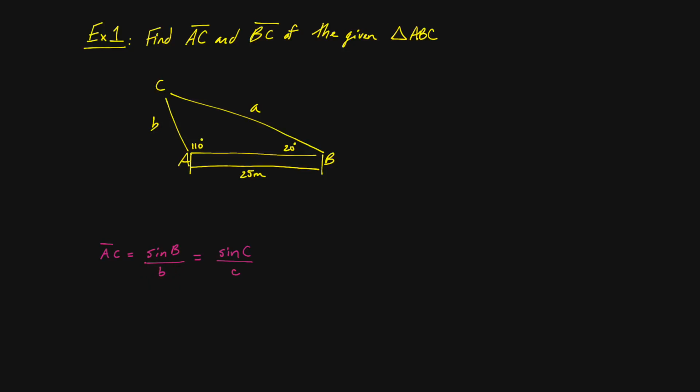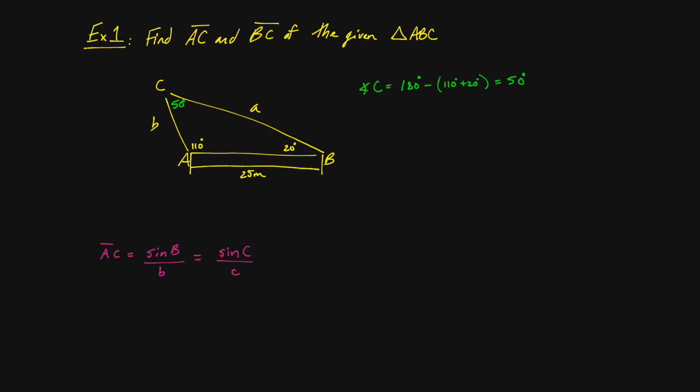We have this unknown B, which we're looking for, and also this unknown angle C. But angle C can be solved by simply saying 180 degrees is the total amount in a triangle, so angle C is equal to 180 degrees minus the summation of the other two angles, 110 plus 20, which is 130. 130 subtracted from 180 is, oh sorry, 50 degrees. So that is angle C.